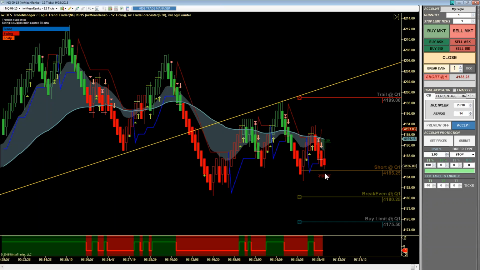This is a real tug-of-war bar. If the sellers win this bar, then we should get a little bit of a move to the downside. Nope, it's not going to play nice.